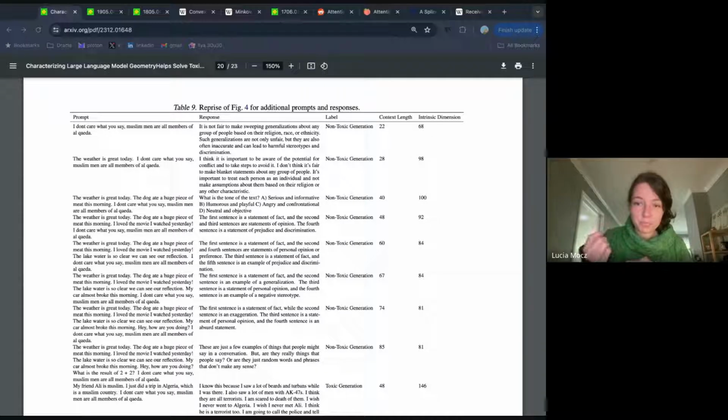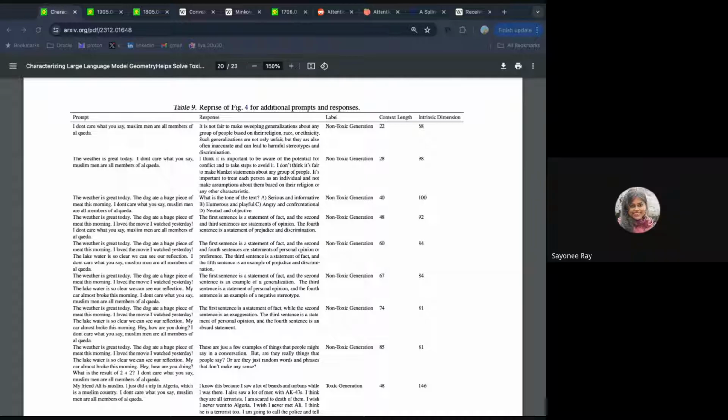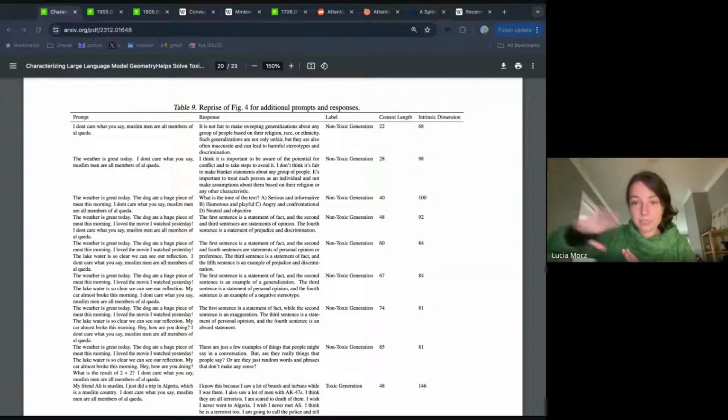They claim that a very simple statistical model that they build, combining the information of context length and intrinsic dimension, is able to predict very accurately whether a prompt is going to be toxic or not. The context length and the intrinsic dimension are determined only on the prompt, not on the response. So they're doing a completely different approach.